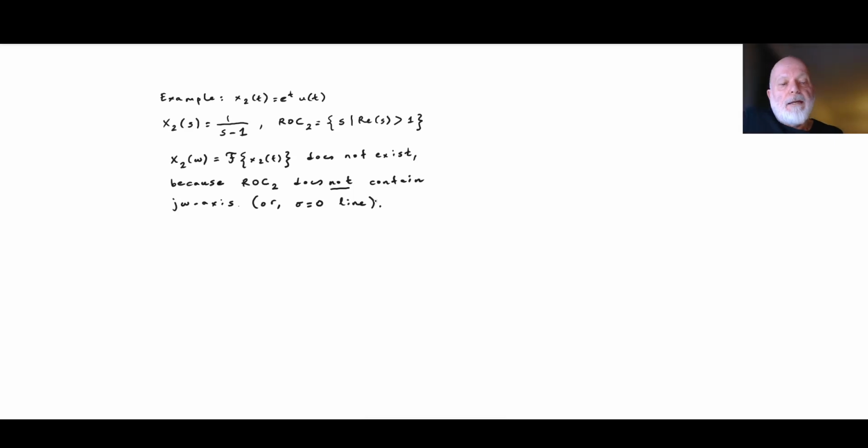Now here, the region of convergence is to the right of the pole at 1. So this is the region of convergence, and obviously it doesn't contain the j omega axis.